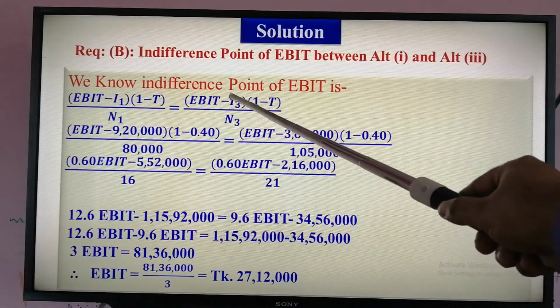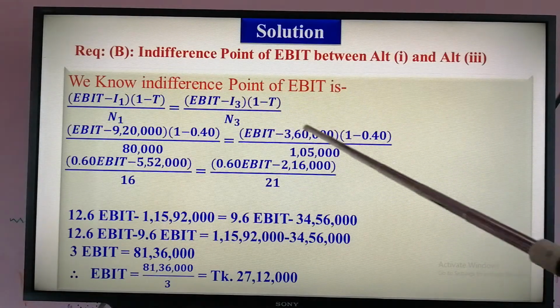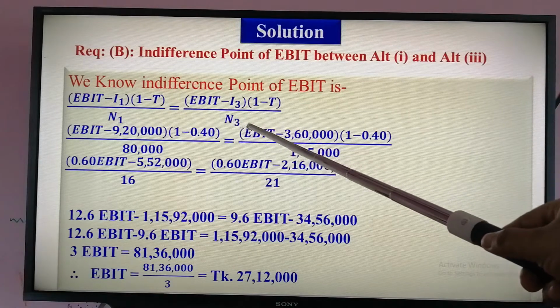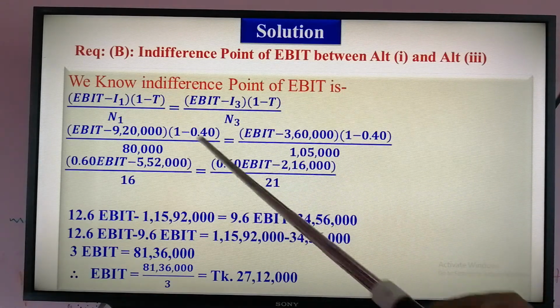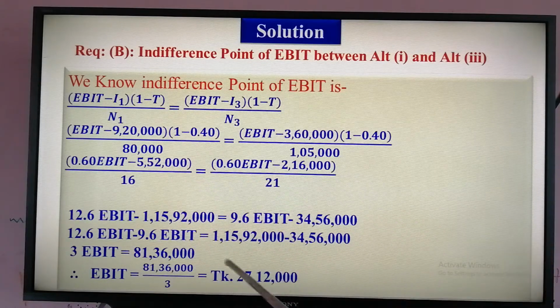It equals the same with interest of alternative 3, tax rate and number of shares in alternative 3, 1,05,000. After adjustment, we find 27,12,000 as the indifference point of EBIT between alternative 1 and 3.